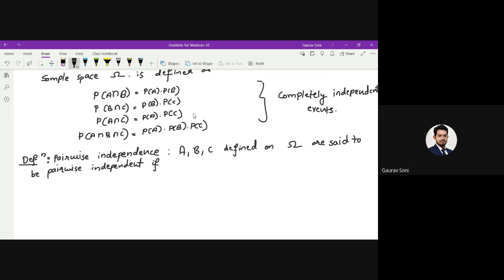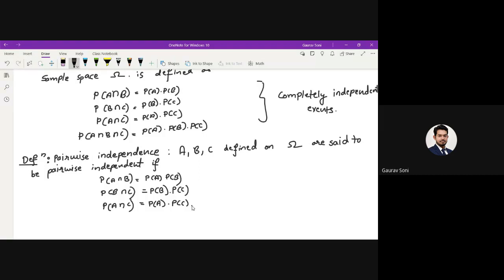The probability of the intersection of any two events should equal the product of their probabilities. So probability of A intersection B equals probability of A into probability of B. Probability of B intersection C is equal to probability of B, probability of C. Probability of A intersection C is equal to probability of A into probability of C. Then we say that the events are pairwise independent, but for being completely independent, there is one more condition: the probability of the intersection of all three events A, B, C has to be equal to probability of A, probability of B, probability of C. Clear?